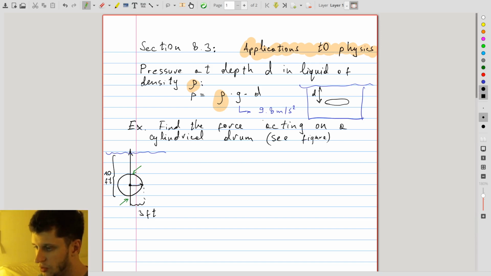Ideally, what we would like to use is the simple formula, which tells us that force is area multiplied by pressure. Now, because pressure is variable, it depends on depth, we cannot just apply this formula. This is basically the same situation as you would be in if you tried to compute distance traveled by an object with variable velocity.